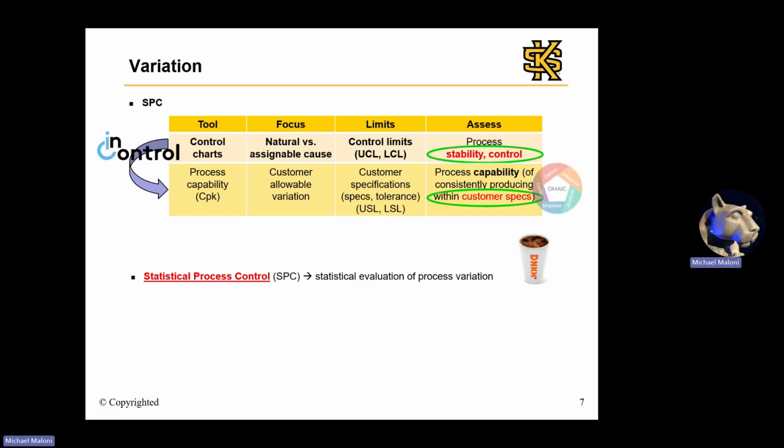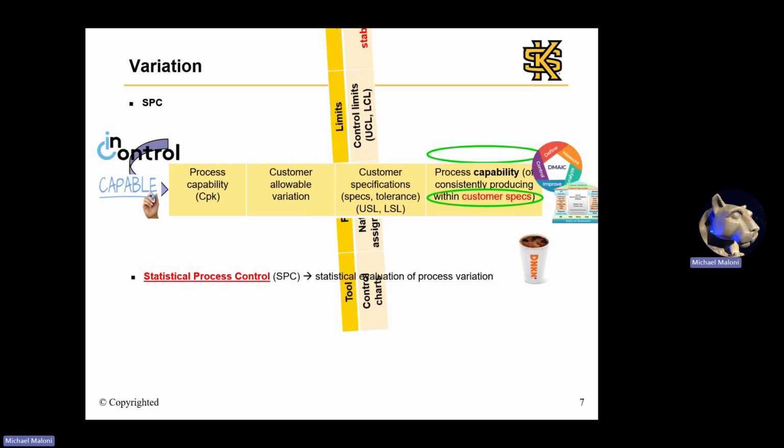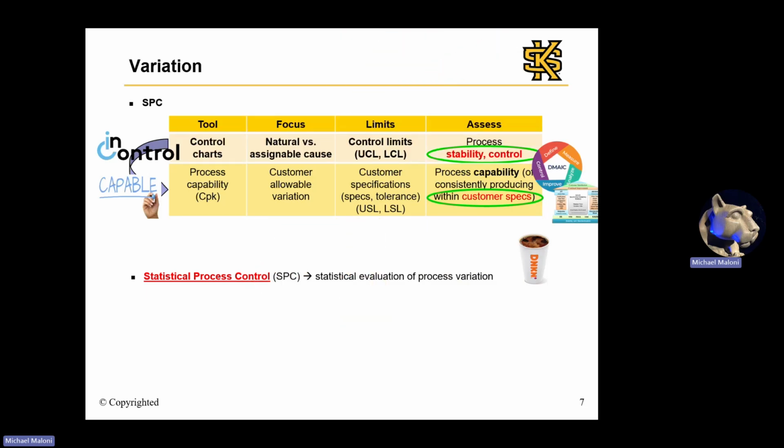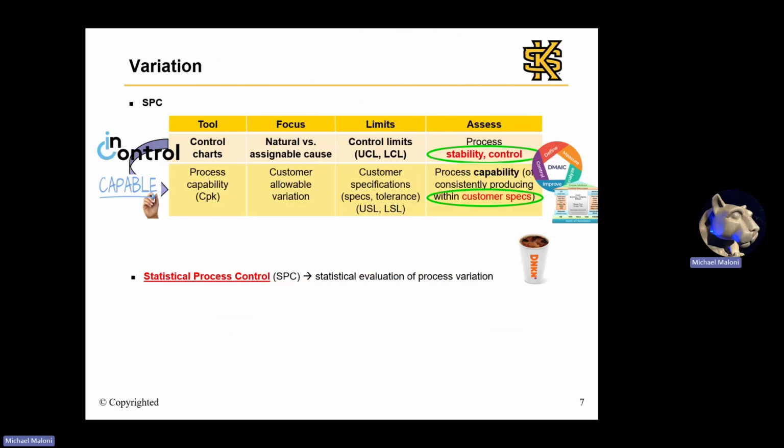If not, we can hit it with DMAIC and/or Lean to get that process back to be capable. So control charts assess the control, the stability of a process, and process capability assesses the ability of the process to meet customer specs, their expectations.